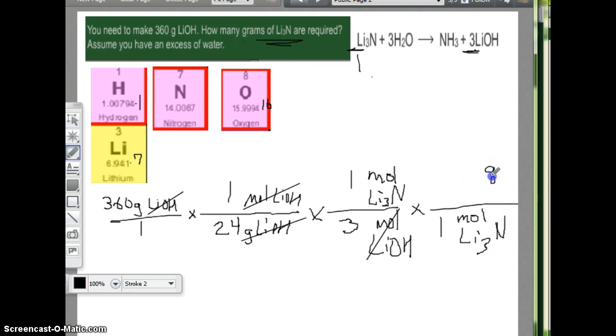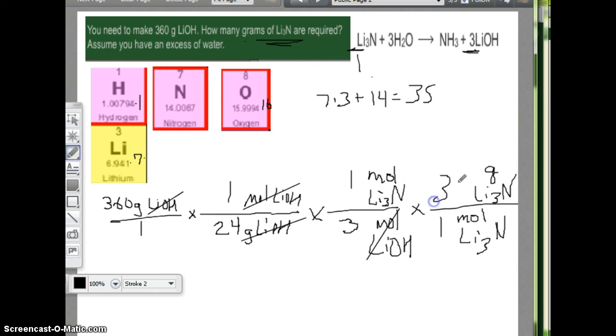All right, so I want grams, again, of lithium nitride. And how many grams are in 1 mole? Well, there's Li3, so 3, so 7 times 3, plus nitrogen, which is 14, which is 35.